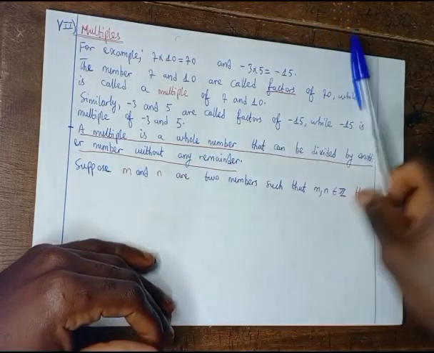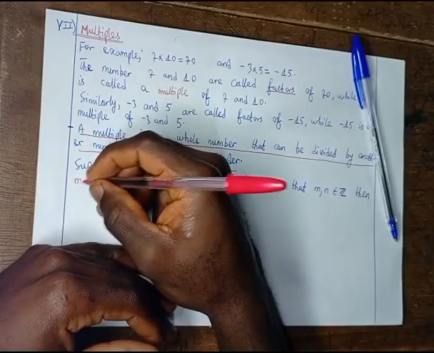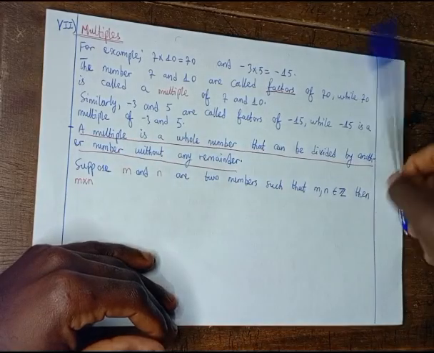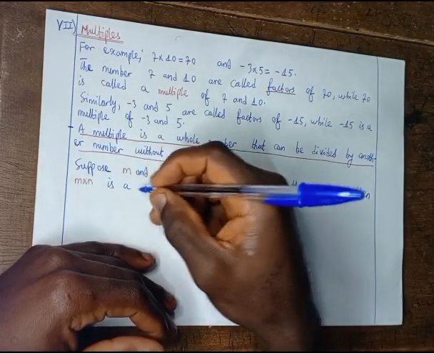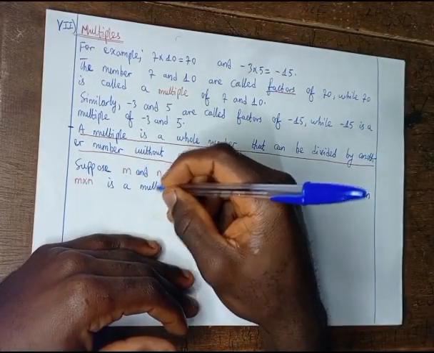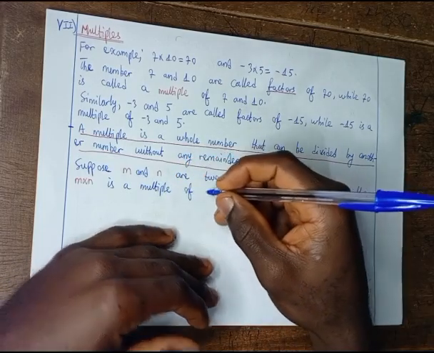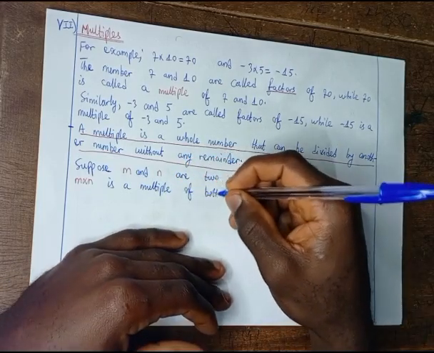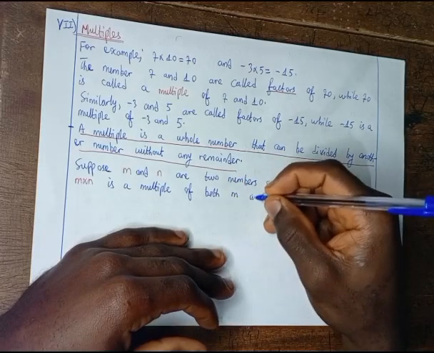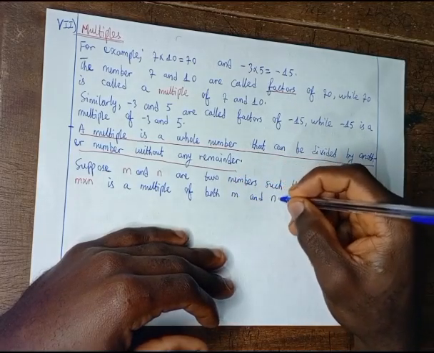Then I'll write this down with a red pen. M times N, the product, is a multiple of both M and N.